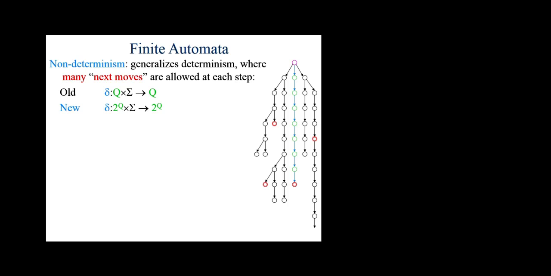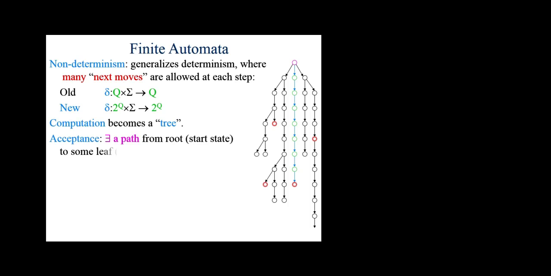The new delta gets you from a set of states, 2 to the Q, where 2 to the Q is the power set of Q, and Q is the set of states. So it gets you from a set of states to another set of states based on some symbol in sigma that you saw in the input. So the computation now is a tree.